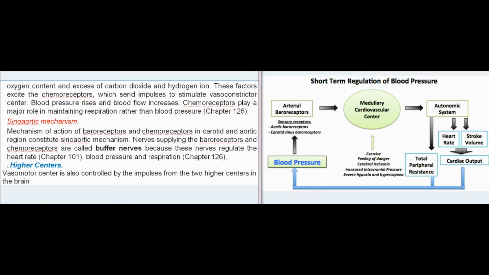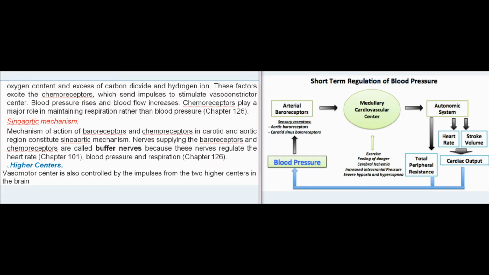Whenever blood pressure decreases, blood flow to chemoreceptors decreases, resulting in decreased oxygen content and excess of carbon dioxide and hydrogen ion. These factors excite the chemoreceptors, which send impulses to stimulate vasoconstrictor center. Blood pressure rises and blood flow increases. Chemoreceptors play a major role in maintaining respiration rather than blood pressure, Chapter 126.